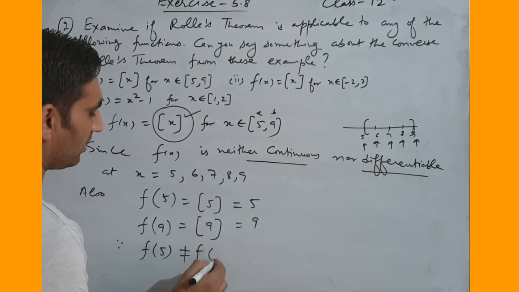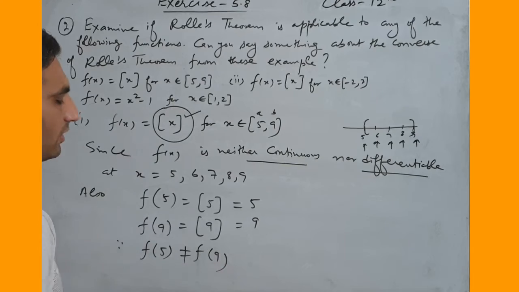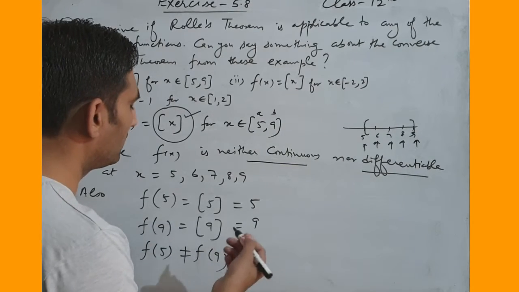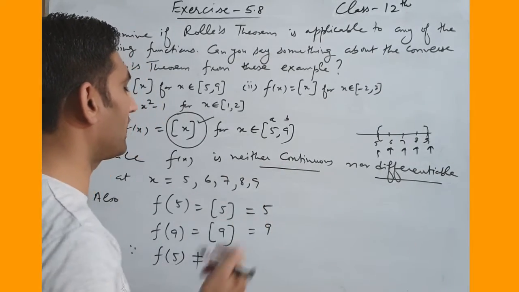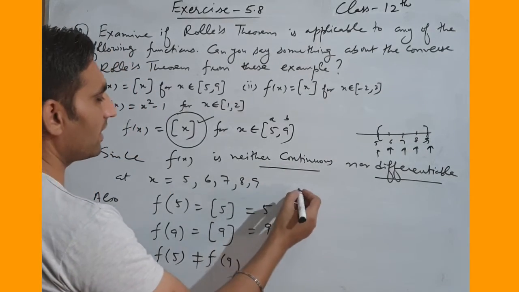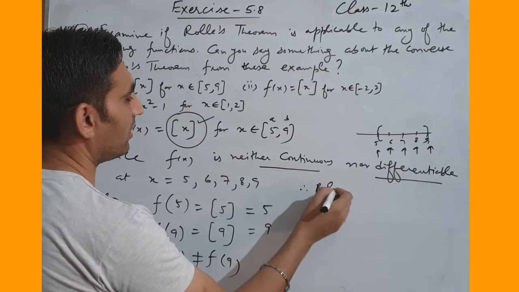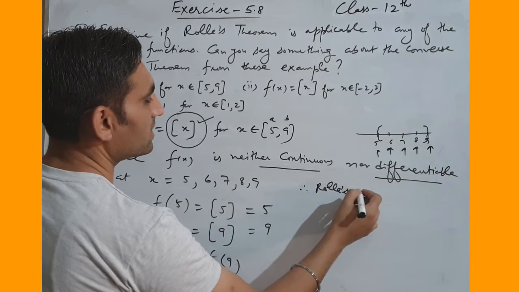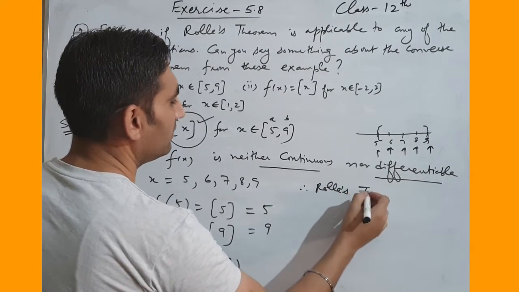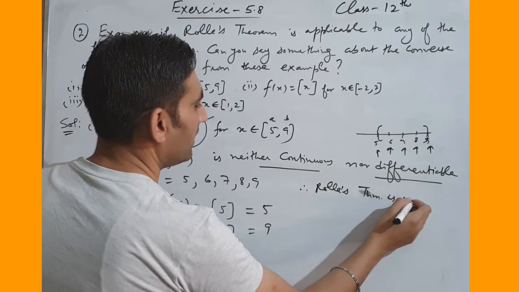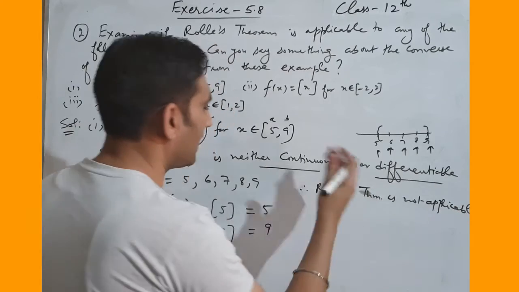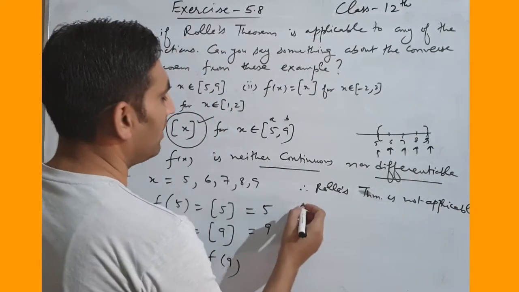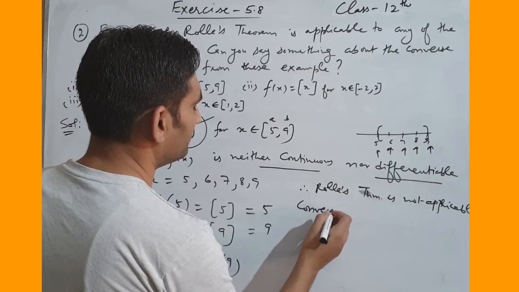They both are not equal, means f(5) is not equal to f(9). They are also not equal. All the three conditions are not applicable. So we can say, therefore, Rolle's theorem is not applicable. So if Rolle's theorem is not applicable, we directly mark it. Now about the converse.